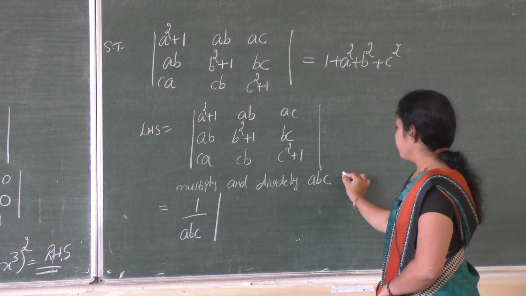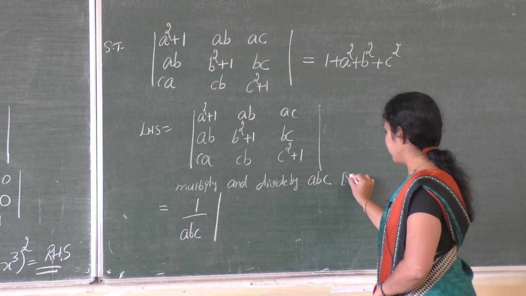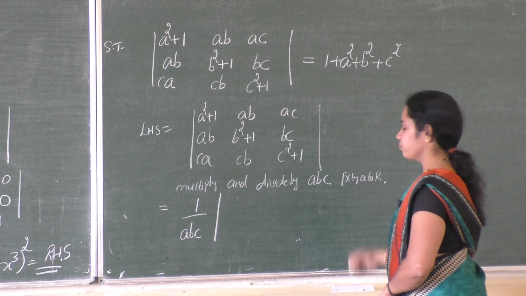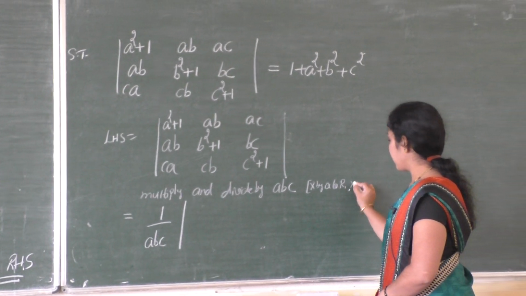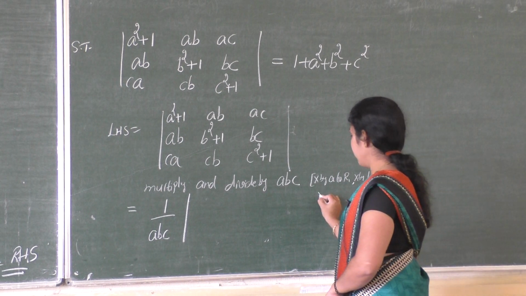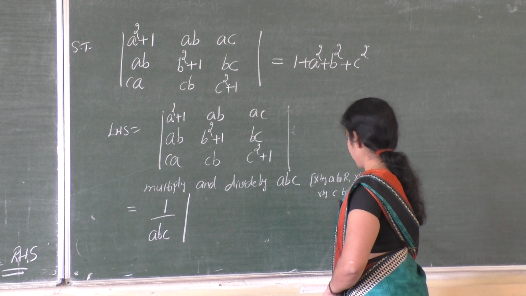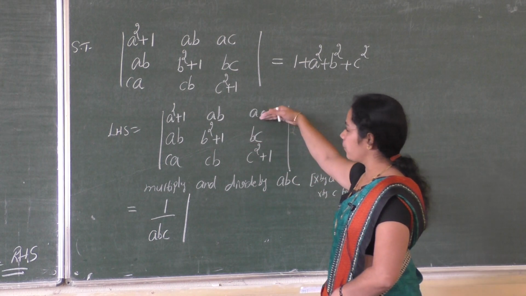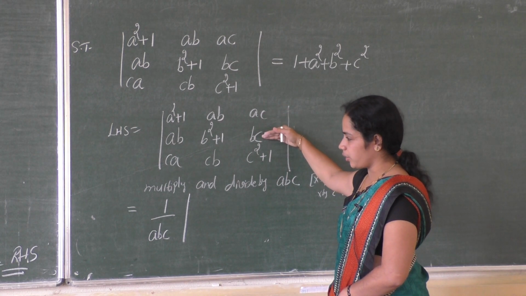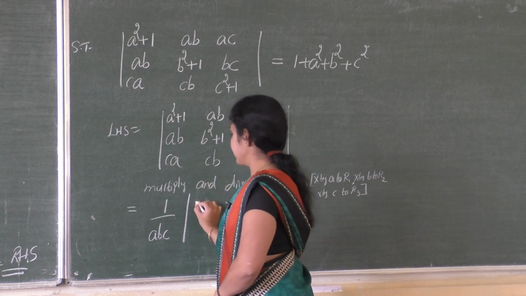Now multiply by a to the first row, multiply by b to the second row, multiply by c to the third row. What does it become?